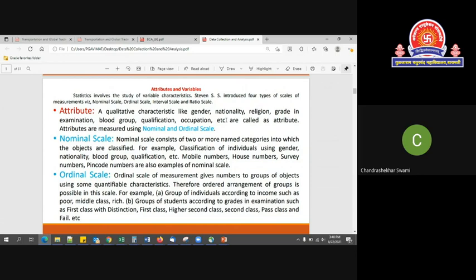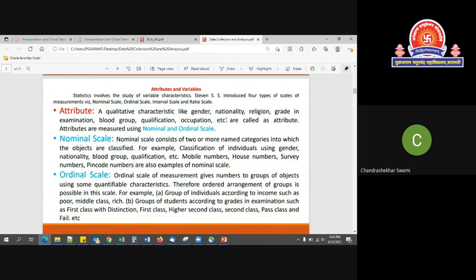Survey number, mobile number, they are unique. Every mobile number is unique. Everyone has a unique mobile number. There are no two numbers used by two different people. So these are called nominal scale measurement. And another scale is the ordinal scale.